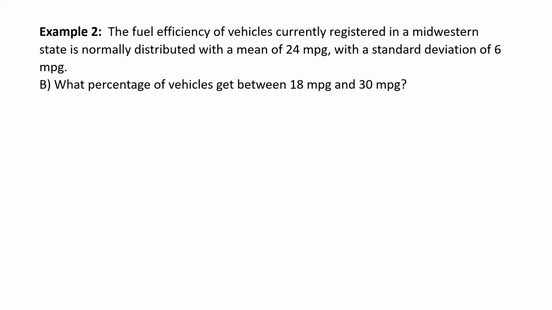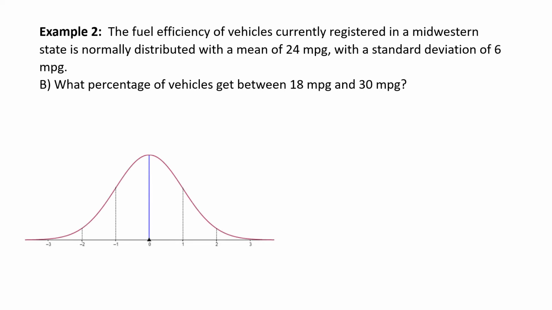Part B. What percentage of vehicles get between 18 miles per gallon and 30 miles per gallon? To solve problems like this, always start with a sketch of the normal graph. Mark the mean as 0, and then appropriately mark 1 standard deviation, 2 standard deviations, and 3 standard deviations on both sides of the mean. Where we have 0 for the mean, let's put the numerical value given to us in the problem, which is 24.